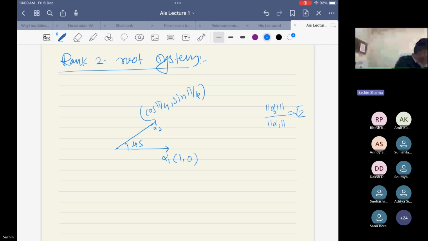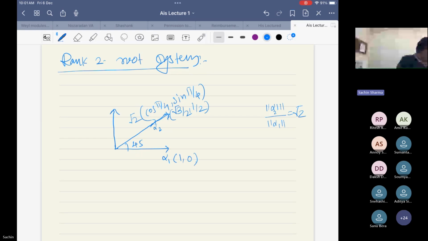So this vector should be a root 2 multiple of that unit vector. So what is this vector? This is nothing but (1, 1). Okay. Now again a third root. Again, I will go with 45 degrees.